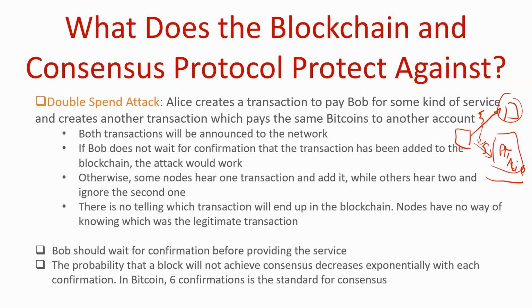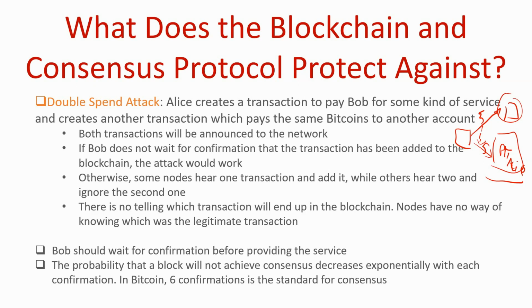If these nodes have received the transaction to transfer the 5 Bitcoin to Bob, they can ignore the second one. But some nodes will only receive the second transaction where Alice is transferring funds to herself. And so these nodes have no way of knowing up to this point that this is a double spending attack, because the first transaction where the funds were transferred to Bob has not yet been confirmed.